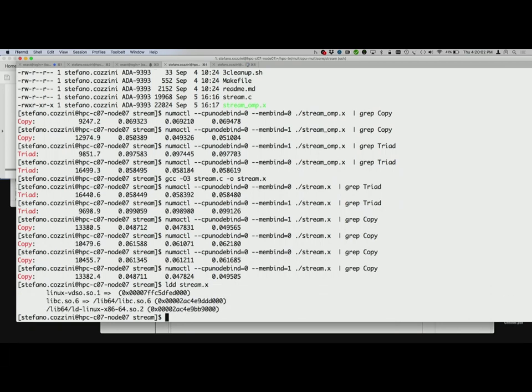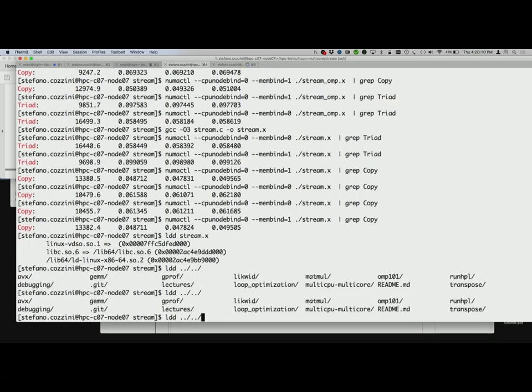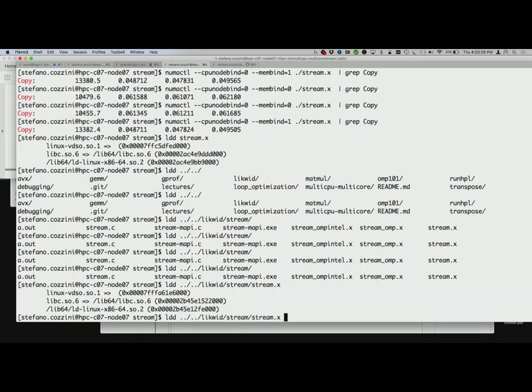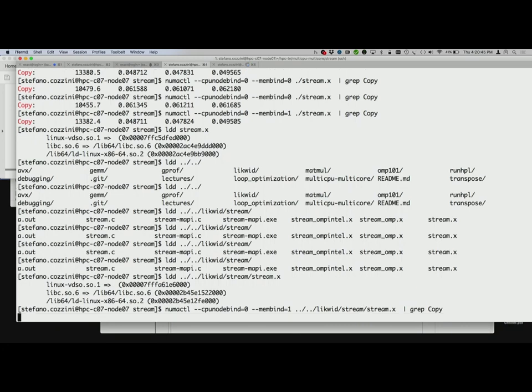ldd, the same way. No, but it takes too much to be executed, so it should be some problem.